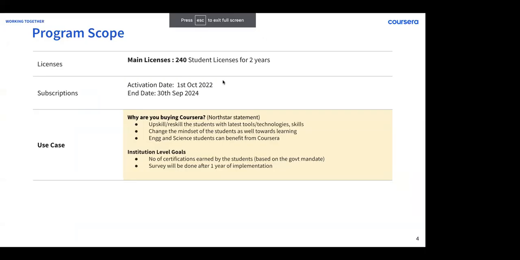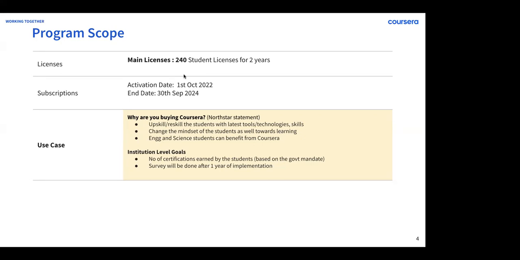As I mentioned, with this partnership between PSU and Coursera, 240 students can be given access to the platform. Once they are given the access, your students will be able to take up any courses from the Coursera platform. Just so that you can understand the volume we are talking about, the Coursera platform today has about 9,000-plus courses.